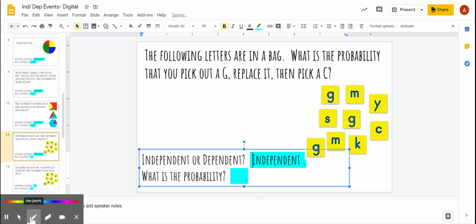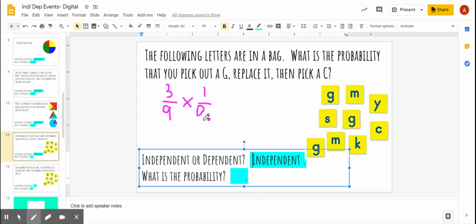So the probability first of getting a G, there's 1, 2, 3 G's out of, let's see, 3, 6, 9 letters altogether. Okay, I did replace it, so I put all the letters back in. And now I'm trying to pick a C. There's only one C out of the 9 options.